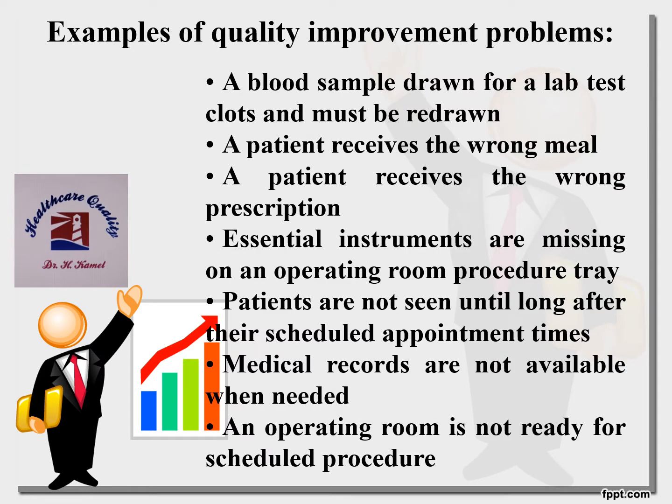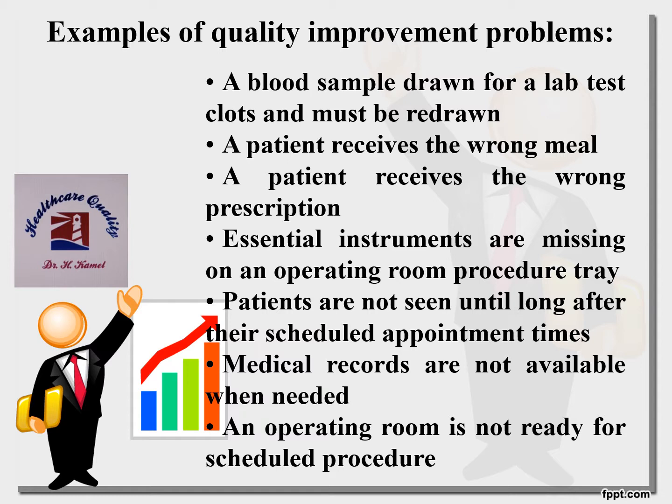Examples of quality improvement problems. A blood sample drawn for a lab test clots and must be redrawn. A patient receives the wrong meal. A patient receives the wrong prescription. Essential instruments are missing on an operating room procedure tray.